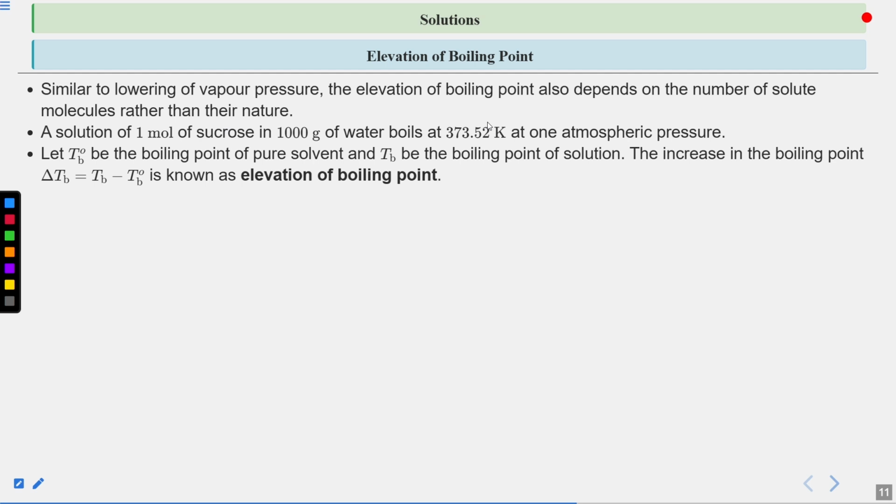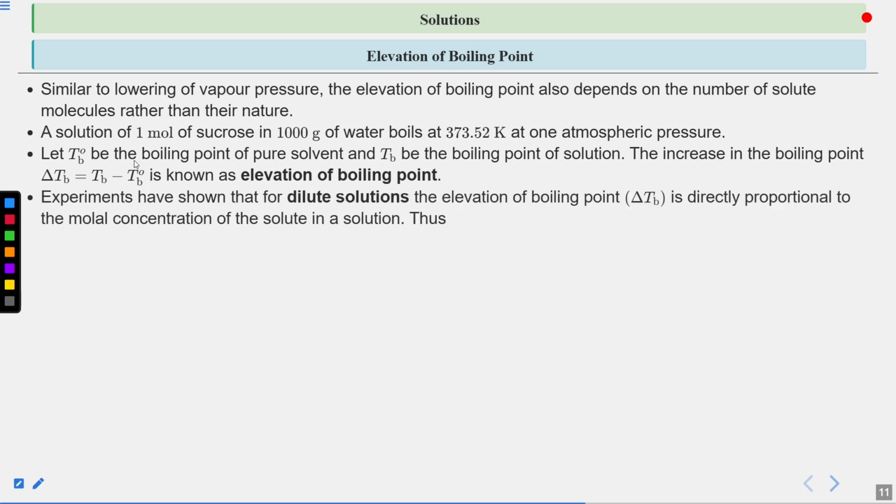Now, suppose we try to define the formula for it, then we can write delta TB, which is the amount of elevation, equals the boiling point of the solution minus the boiling point of the pure solvent, which is T0B.